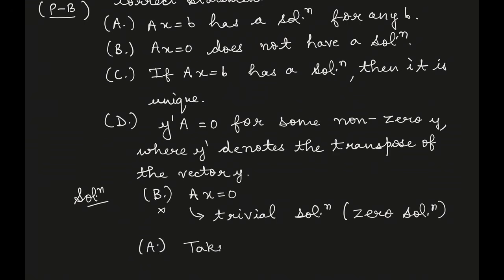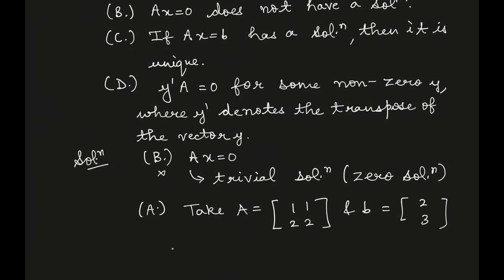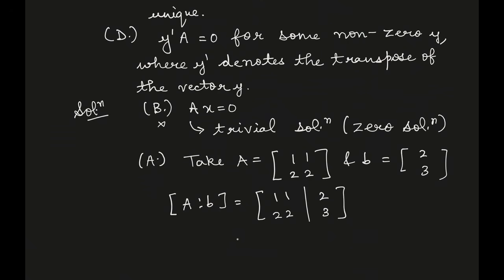So if I take matrix A as 1 1, 2 2 and matrix b as 2 3, then the augmented matrix will be 1 1 2, 2 2 3. So R2 tends to R2 minus 2 R1, 1 1 2, 0 0 minus 1.